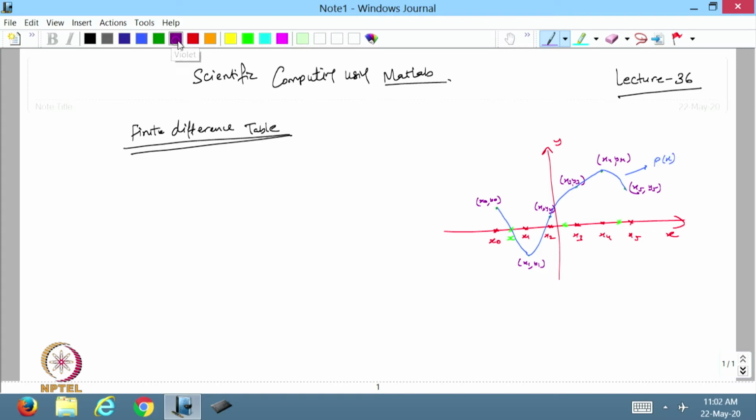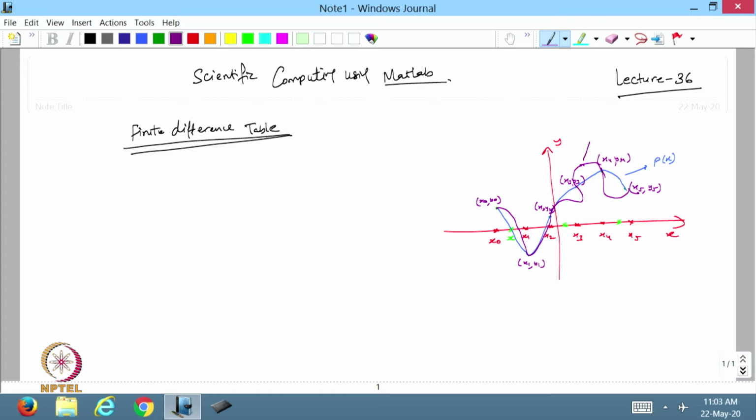And what is the function here? The function we do not know, but let us say these points are satisfied by some function. Maybe my function is like this, then going this way and then going this.